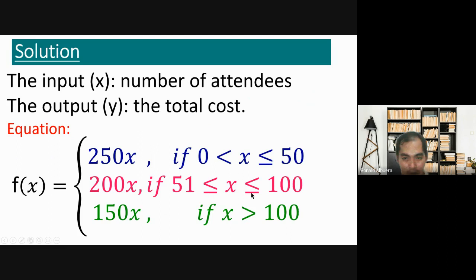May equal po ha? Kasi kasama ang 51, kasama ang 100. 150 pesos per person if greater than 100 ang number of attendees.